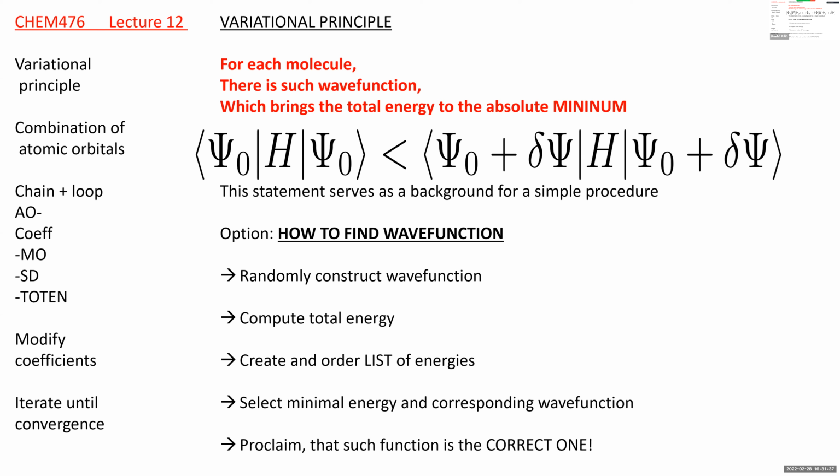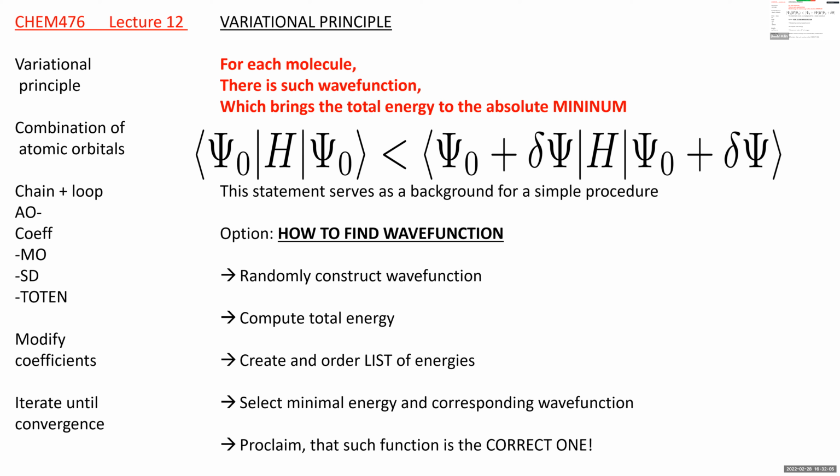So let's hire a programmer and ask him to extensively use a random number generator. Now let's compose a random wave function, which in each point of space will be a little bigger or a little lower, completely randomly. Then for a random wave function, we compute the total energy and save it into an Excel table.